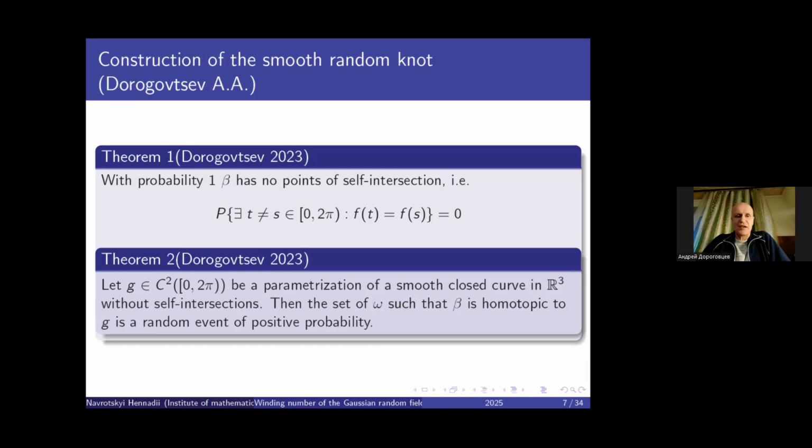Okay, maybe some other questions or comments, please. Yes, I would like to ask about the winding number. You considered generally the case of R2, two-dimensional space. But what about the connection with physics?